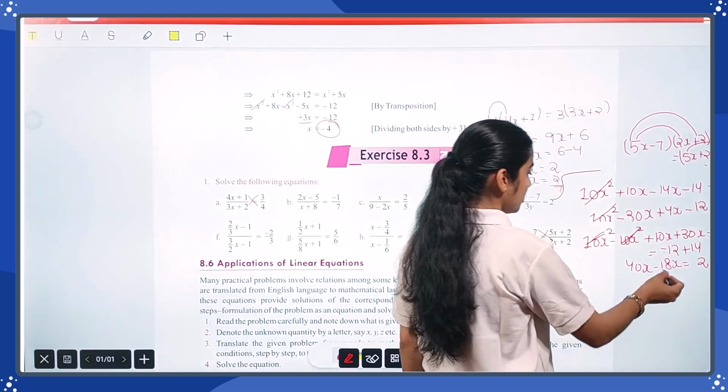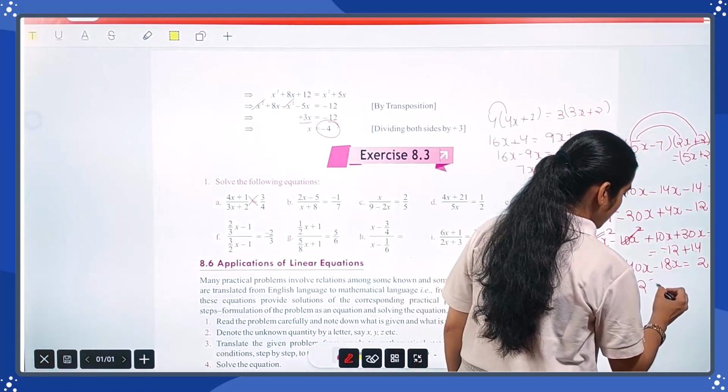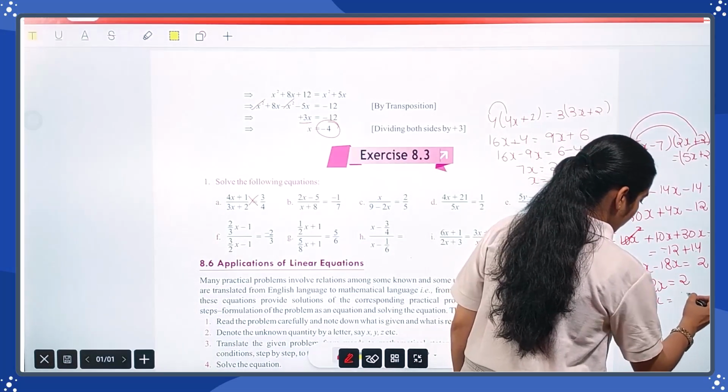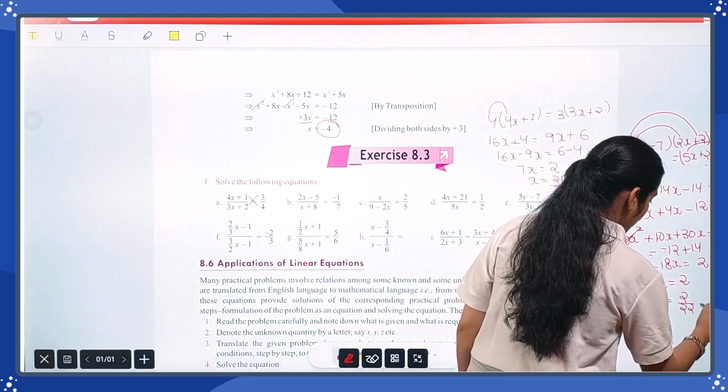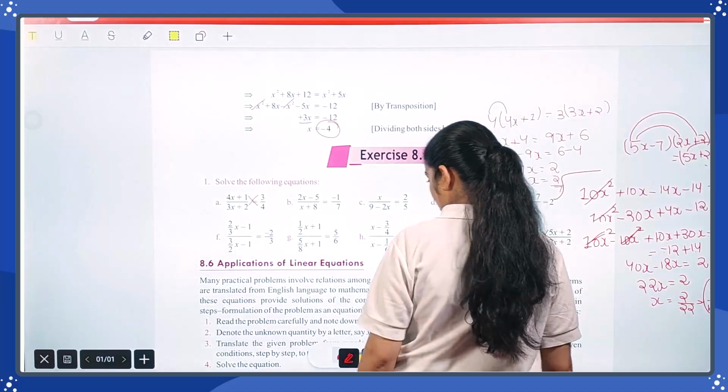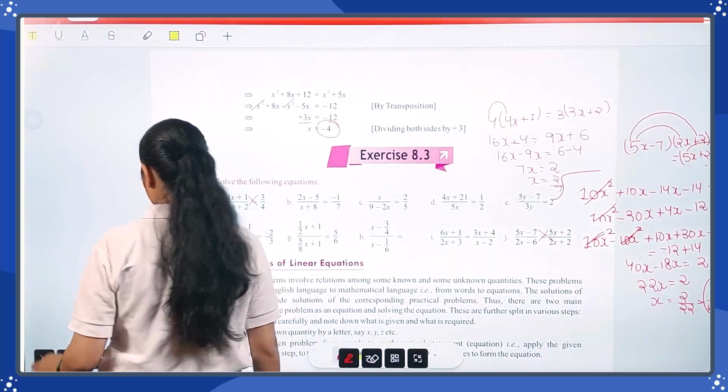So 40 minus 18 is 22x, which is equal to 2. So x is equal to 2 by 22, which is equal to 1 by 11. This is your end answer, and I hope, students, this is clear to you.